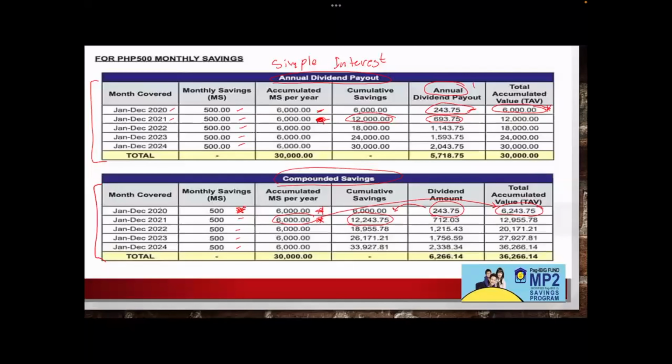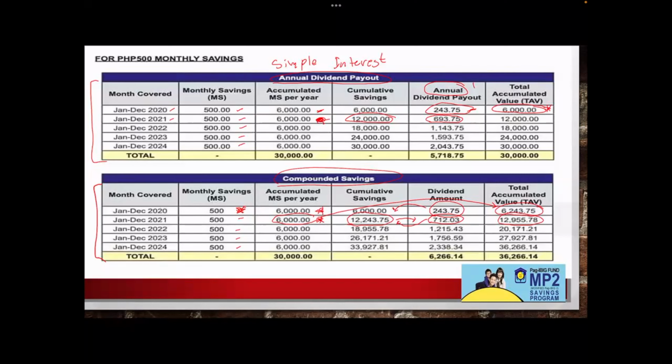Now, itong total na 12,243, ito yung bibigyan ulit ng interest. Kaya nagkaroon ka ngayon ng 712.03. Then, i-add ulit yan doon sa given mo. Kaya nagkaroon ka ng 12,955.78. Then, sa susunod. So, yung interest mo, hindi mo siya nakukuha, pero tumutubo siya ng tumutubo.